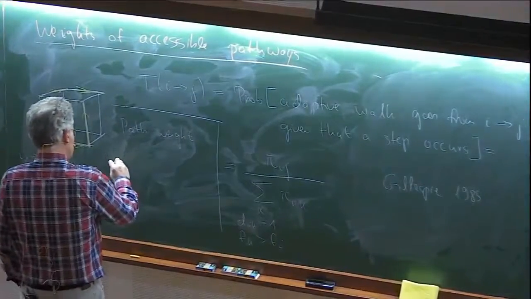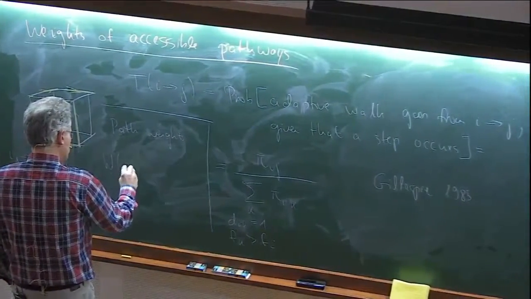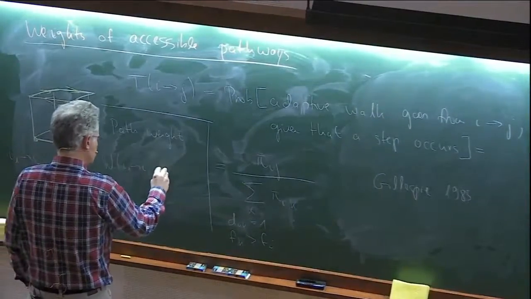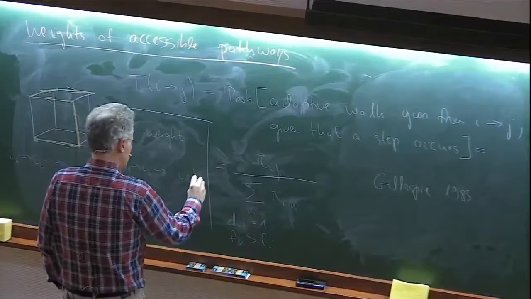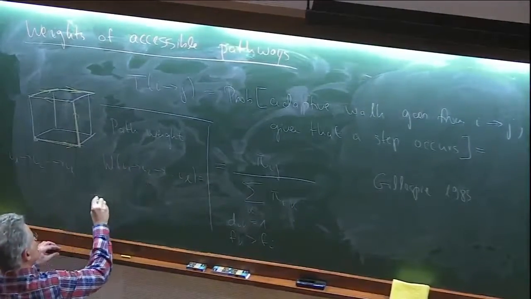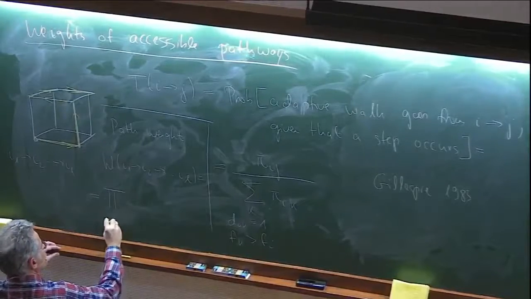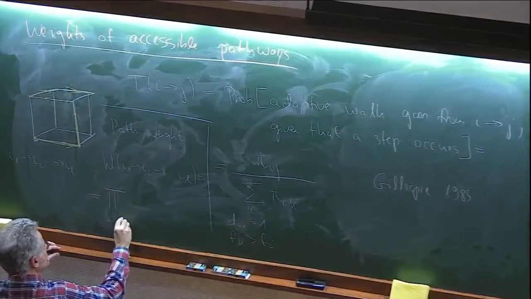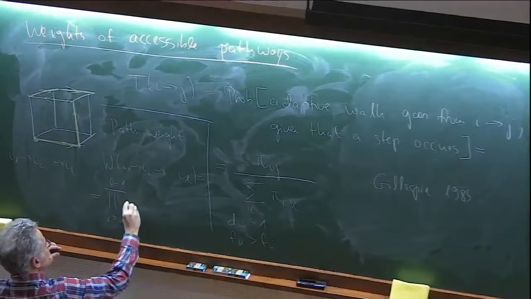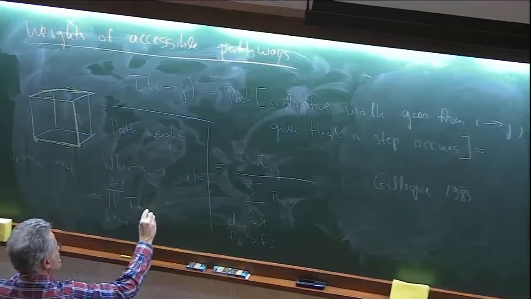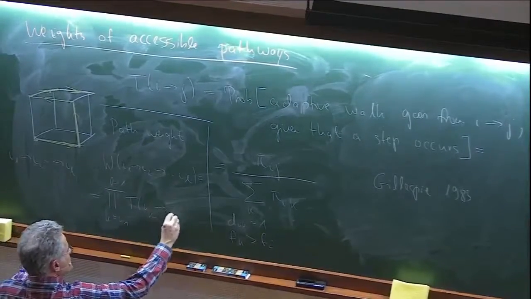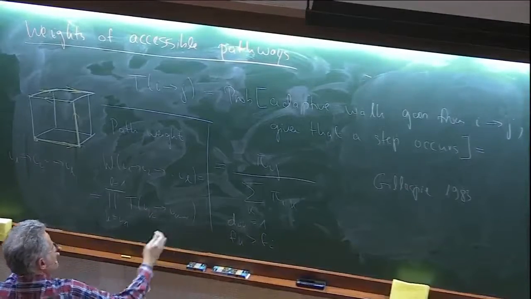The path weight is just a product of these things, right? T of i_k to i_{k+1}.